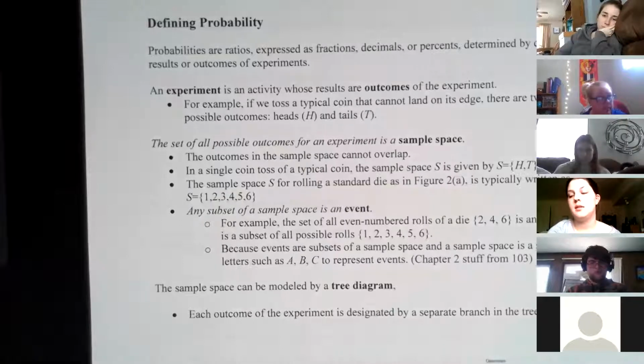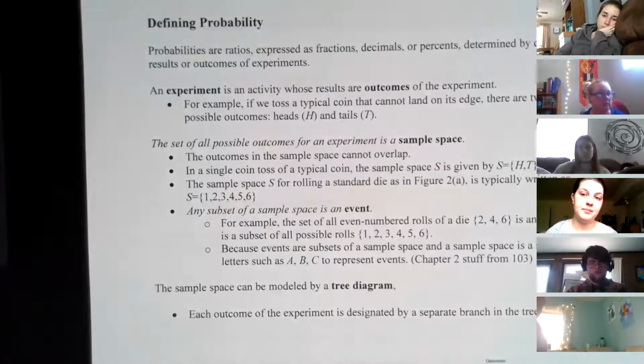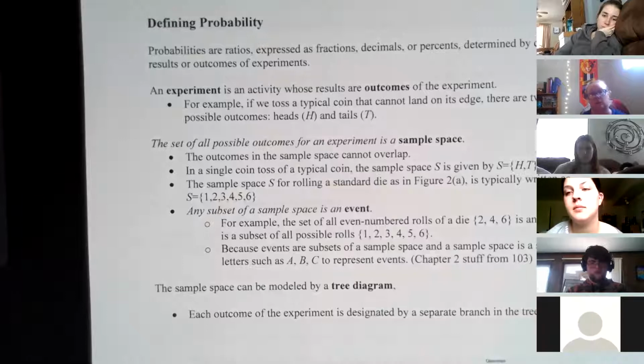But if it can't happen, like ever, it would happen 0% of the time, which means that probability cannot be less than 0. So if we get a negative number for probability, we have a problem. Those are things that you got to keep in mind.